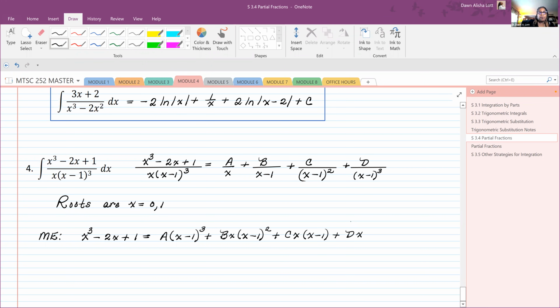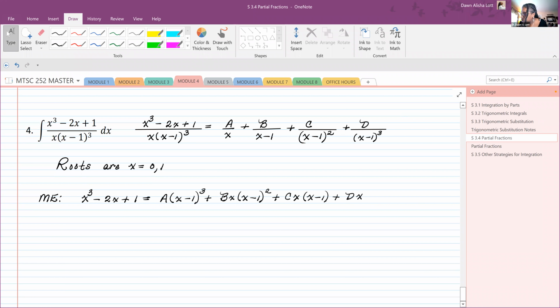Okay. You can let x equal 0, let x equal 1, and then you need to choose 2 x's. Okay, and we'll see what you got when we come back from break.